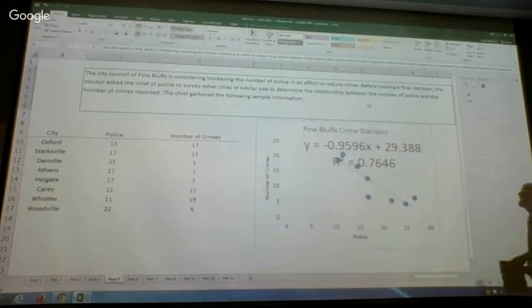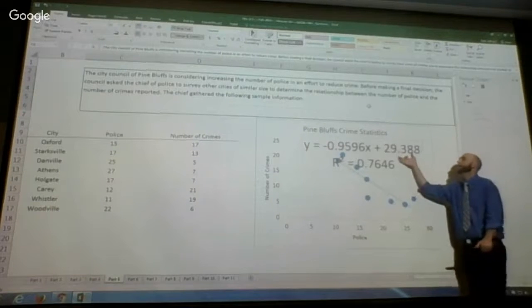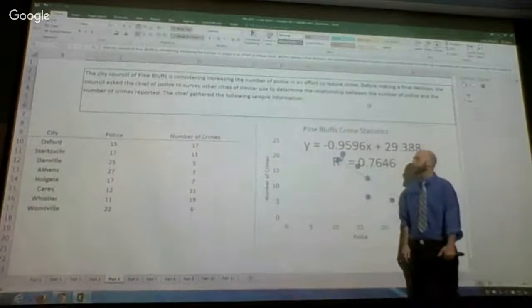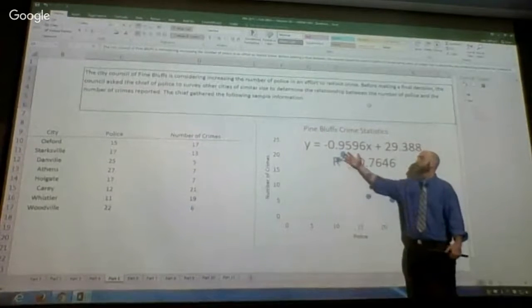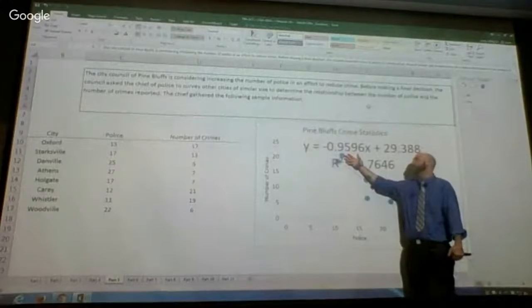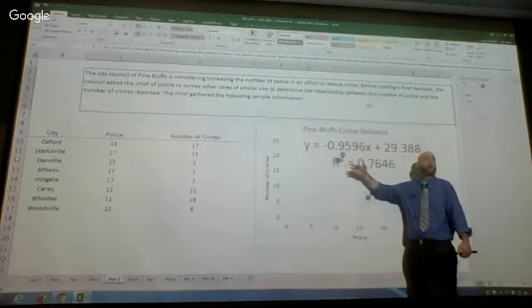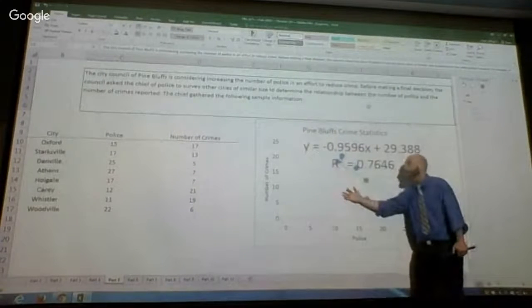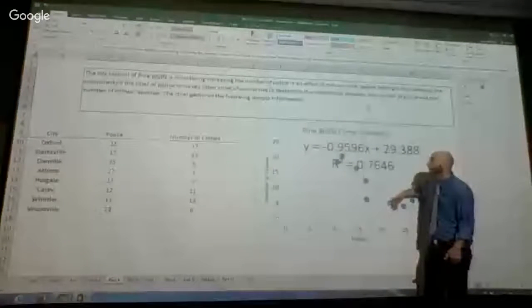So depending on the information that you want, A is about 29, B is about -1, so it appears that for every police officer we add, we decrease the number of crimes reported by 1. That's what the slope means. By moving X over 1, we move Y down 1. Approximately, it's -0.96, that's almost 1. So add a police officer, 1 fewer crime is reported.